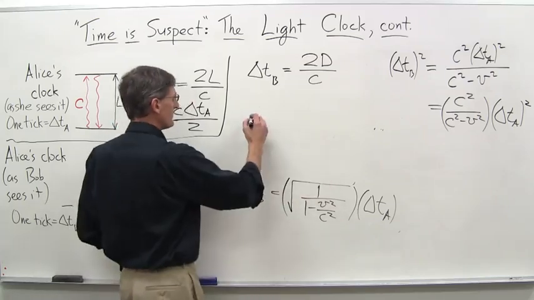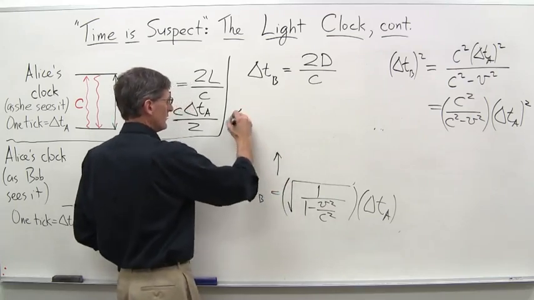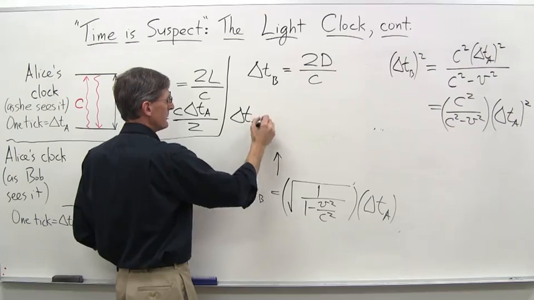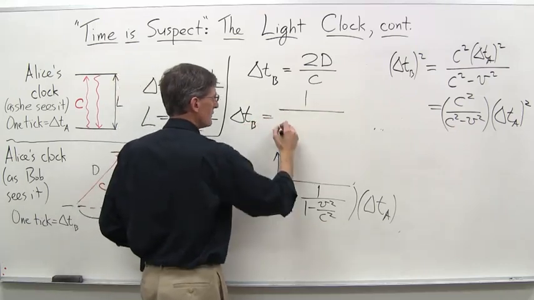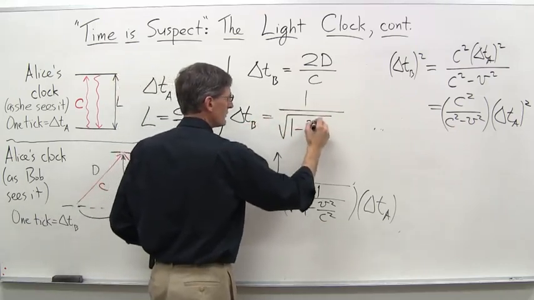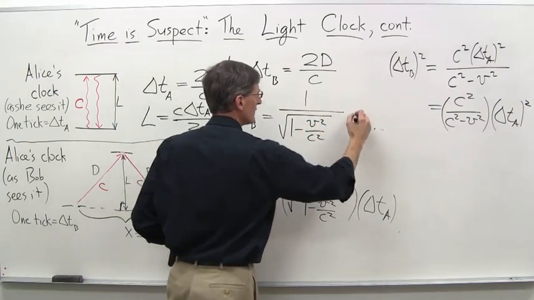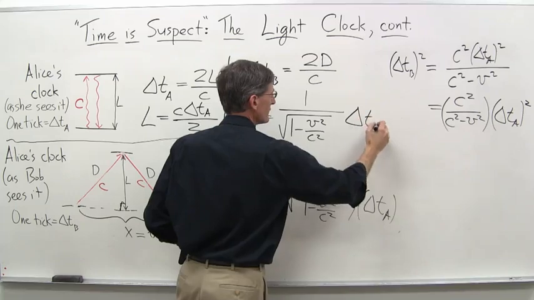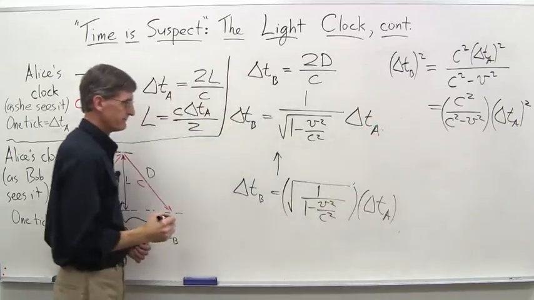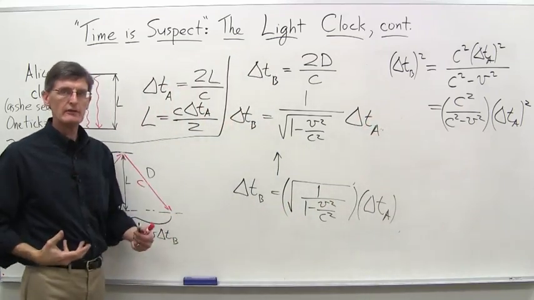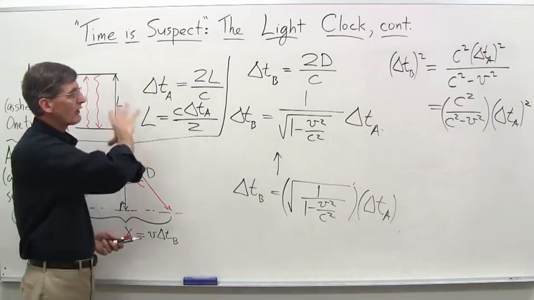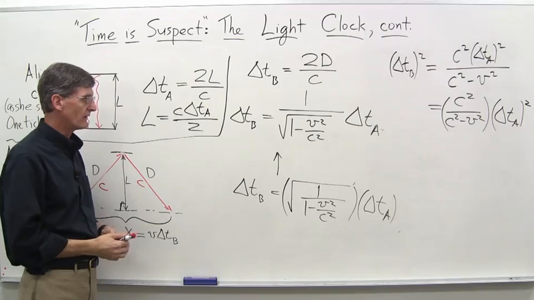So we can rewrite this as delta TB equals 1 over the square root of 1 minus v squared over c squared times delta TA. And that is our final result for our quantitative analysis of the light clock.